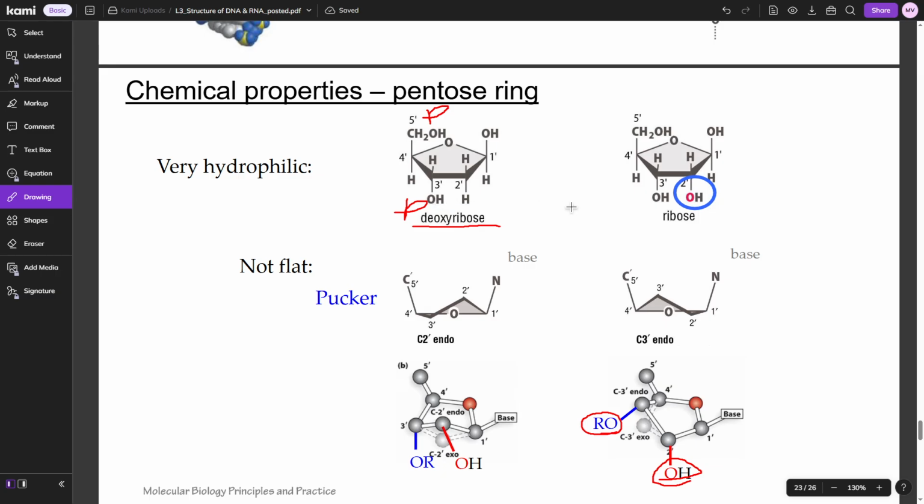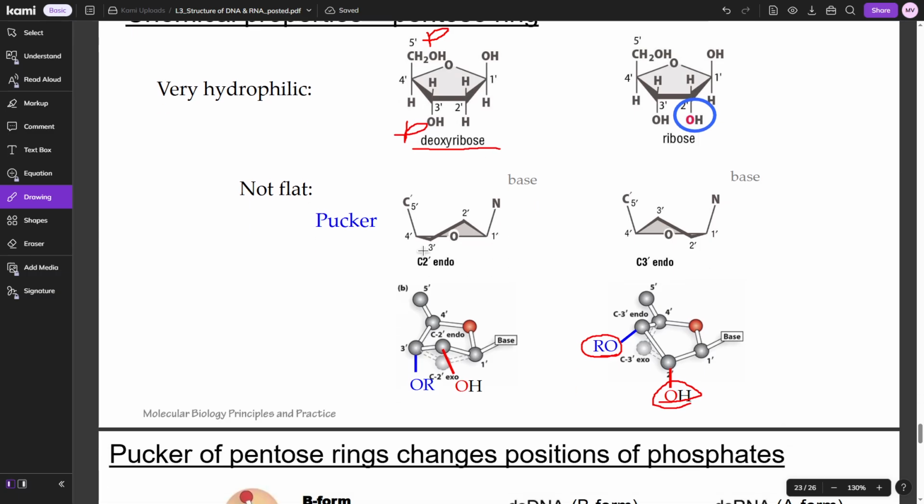Let's look at RNA first. If RNA adopts a C2 prime endo conformation, what's going to happen is, see how close this OH is to this OR?